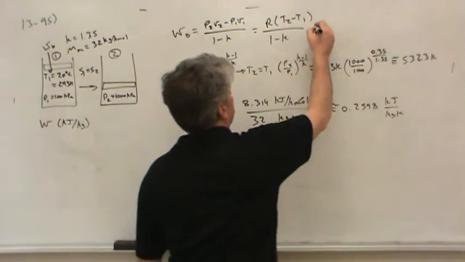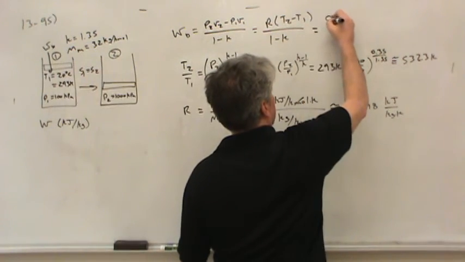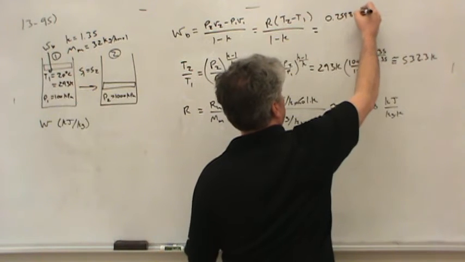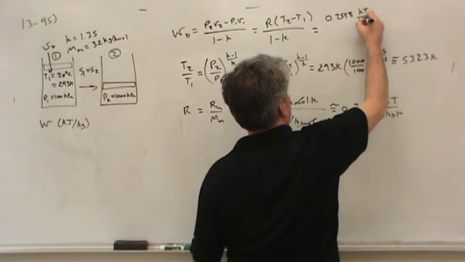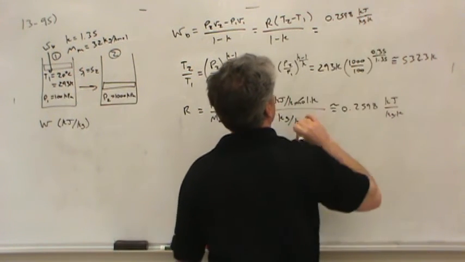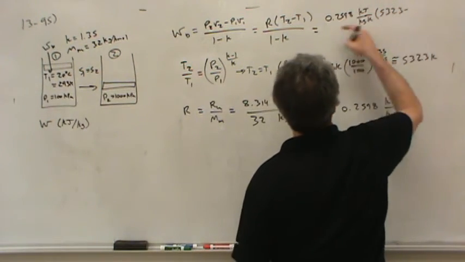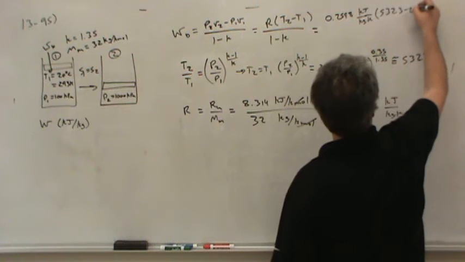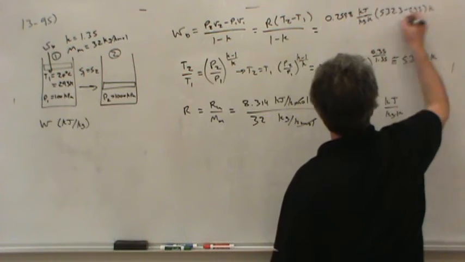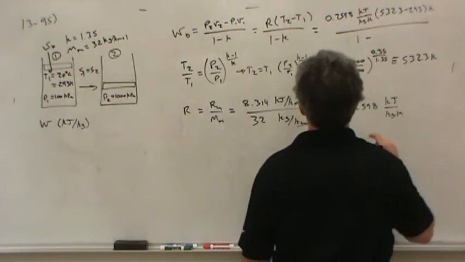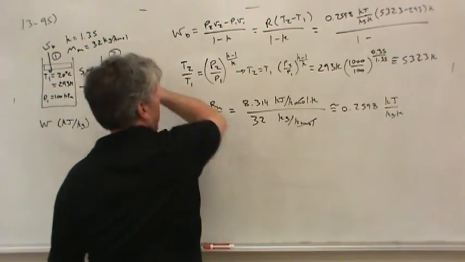So I can just plug everything in now. The gas constant, 0.2598 kilojoules per kilogram per Kelvin. The temperature in state 2, 532.3. Temperature in state 1, 293. Both of those are in Kelvin. Divided by 1 minus k. Now this k is the ratio of heat capacity, the 1.35.